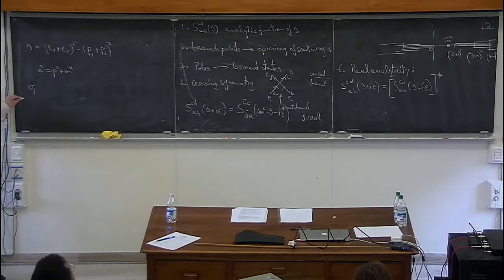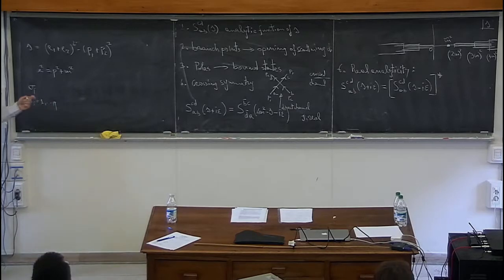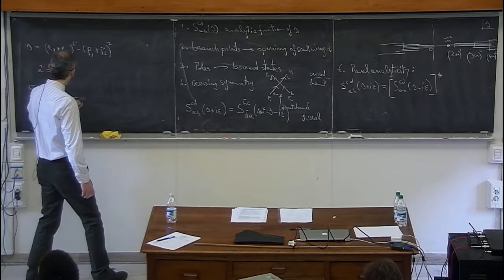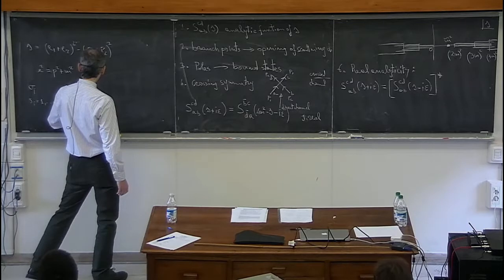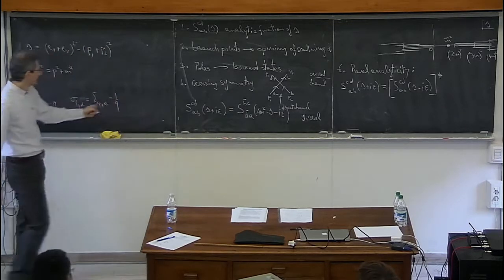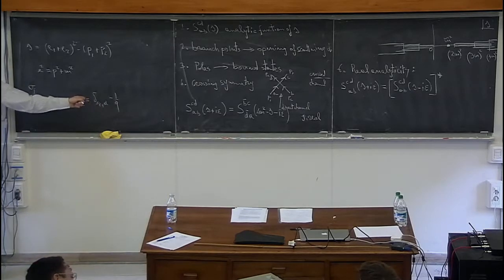For the Potts model, I started with the variables S_i going from 1 to Q, but then I said the proper order parameter according to my definition is sigma_i^alpha equals delta_{S_i,alpha} minus 1 over Q. I did this definition precisely because with this definition, this becomes the order parameter.